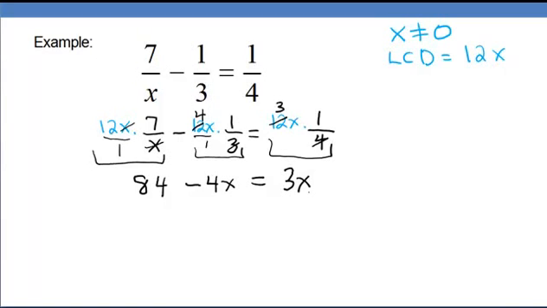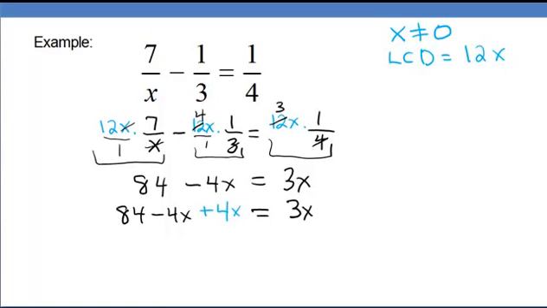We have x on both sides, so get rid of one of those. I'm going to add a 4x to both sides. So this is what I had, and I'm adding 4x. Bring your equal straight down and add your 4x on this side.